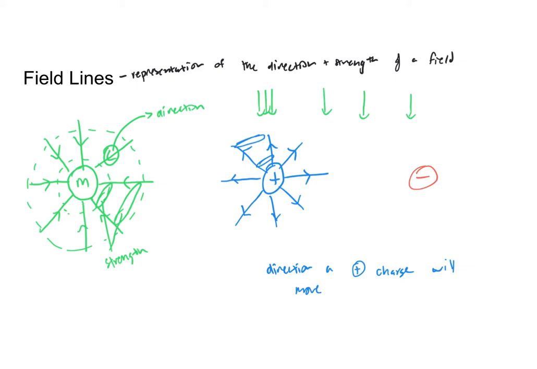Now let's look at my negative charge. Again, I want to draw the same pattern in my field lines because just like my positive charge and my mass, the field closer to a negative charge is stronger than the field farther away. You can experience this most easily by looking at magnetic fields.